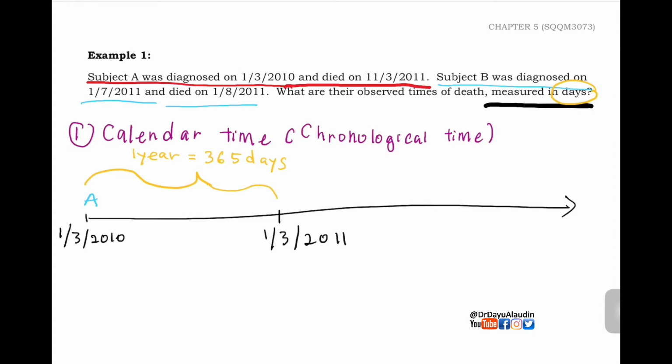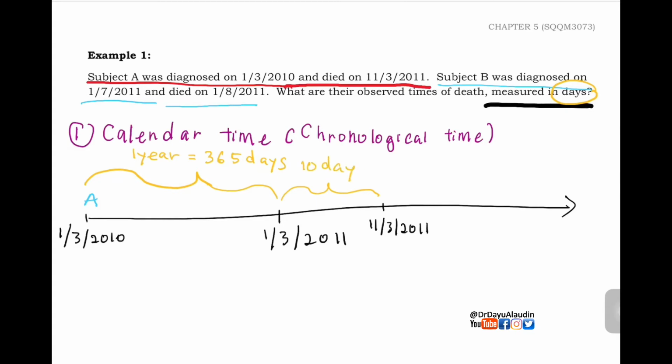And then he died on 11 March 2011. So how many days here? 10 days.